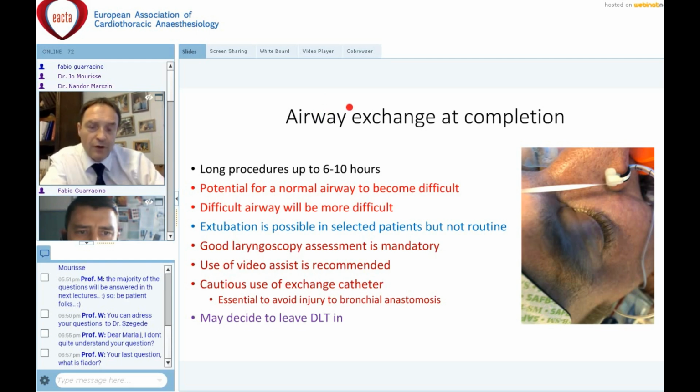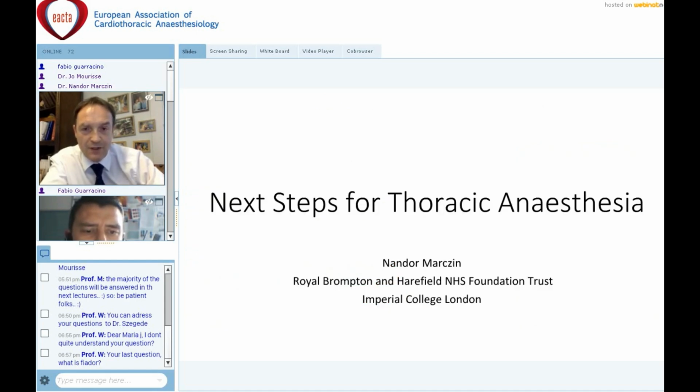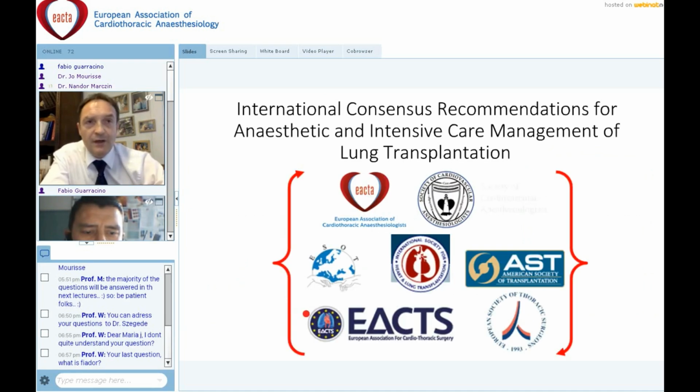So moving on after this summary of the main principles for lung transplantation, I would like to highlight two international, society-backed activities for our topic of airway management. The first is an international consensus recommendation for anesthetic and intensive care management of lung transplantation.